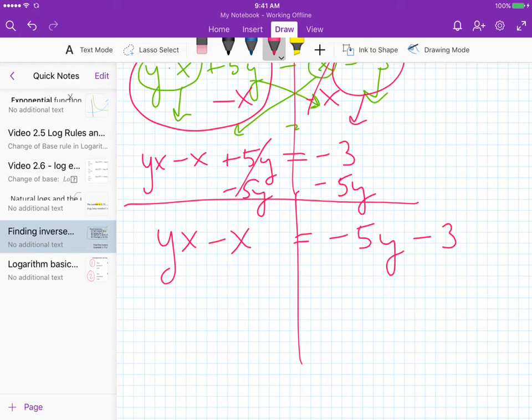Okay, so I still have x's in this weird spot, but now I see the great news is that these two terms here both have x in common. So they have a common factor of x. So I can actually factor it out and say, well, if I took x out, this is y minus 1, right? Because if I went back and distributed that, that'd be xy minus x, and that's what I want up here.